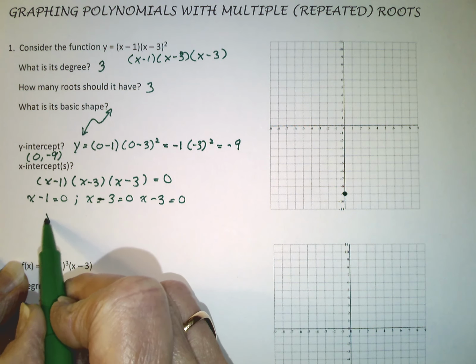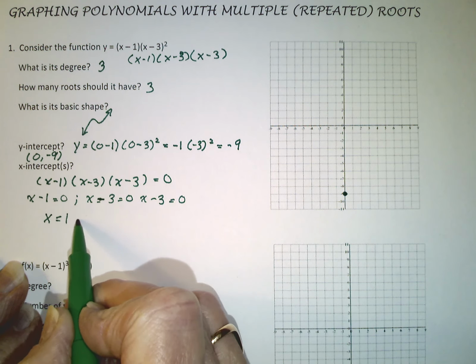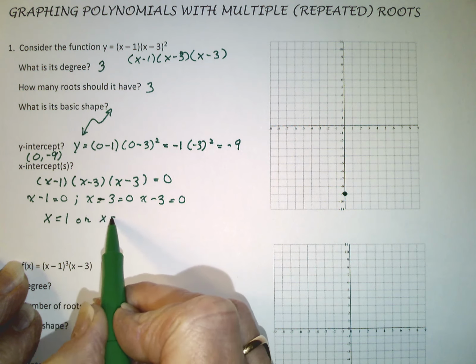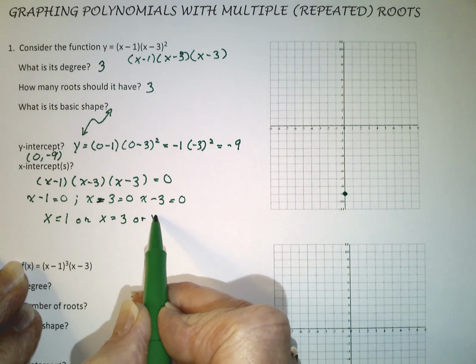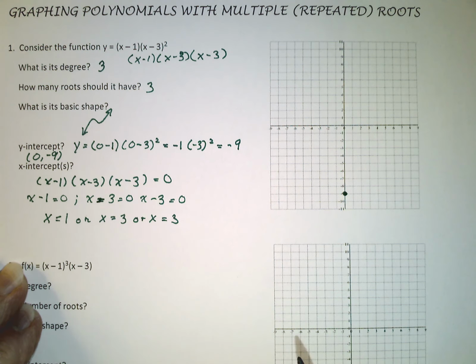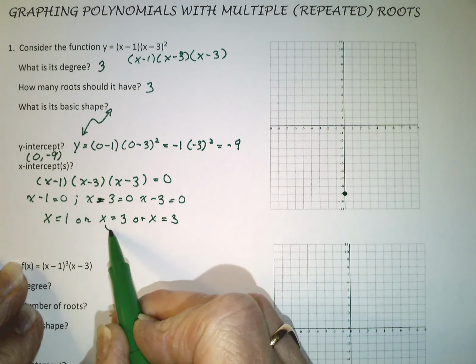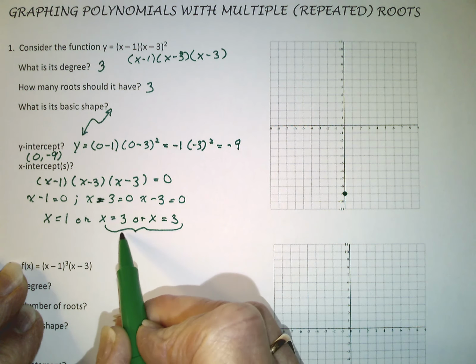So that would mean that x equals 1 or x equals 3 or this other x equals 3. Well, you can see that we have a double root.